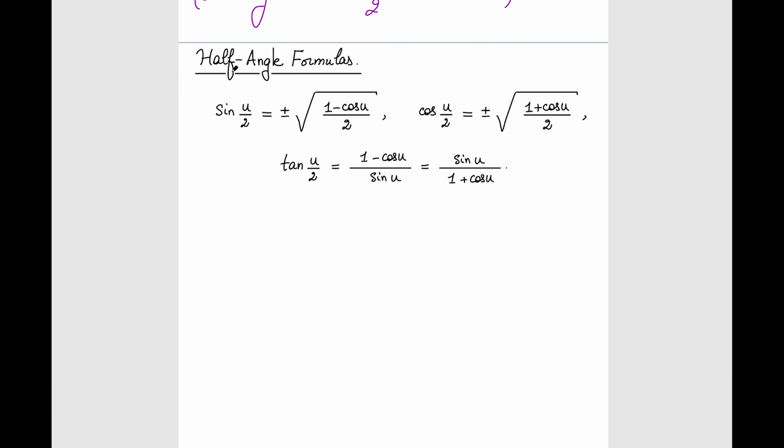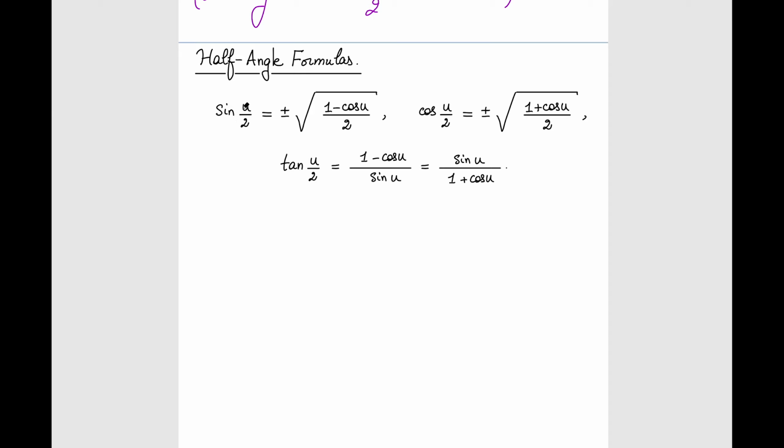Last group of formulas, half angle formulas, that's gonna connect, as we said before, half the angle. Look at this. If the angle is u, this is half of u, and it's gonna connect it to u itself, somehow. I'll explain where these formulas come from shortly.